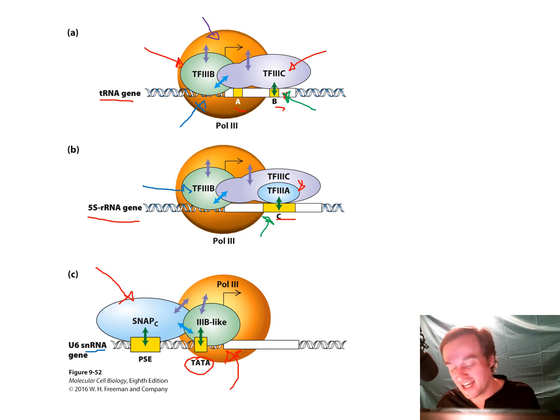It's similar, but not enough to call it transcription factor 3B. It binds to the TATA box. So you can see in this case we have two interactions with DNA, that upstream regulatory element and the TATA box. And then interactions between these three complexes leads to transcription of the small non-coding RNA, which are very short sequences. So that'll do it for this chapter.